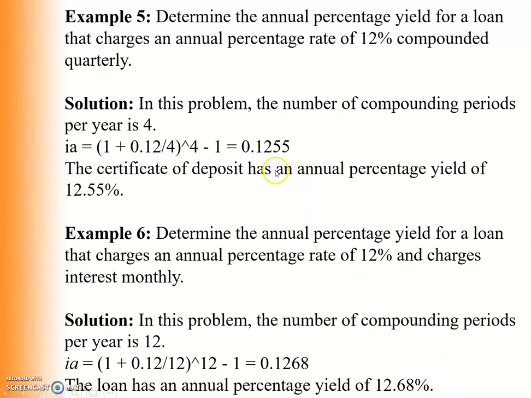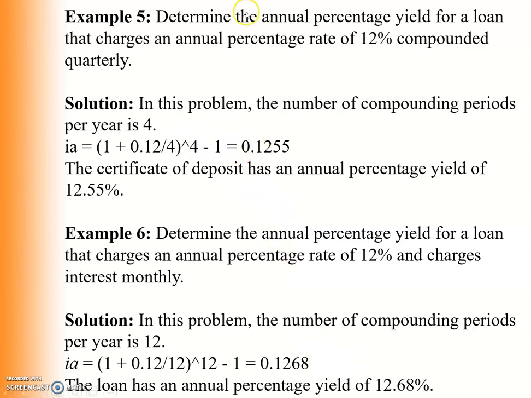So as you can see, if the compounding period is shorter, then the annual percentage yield for a given annual percentage rate increases.